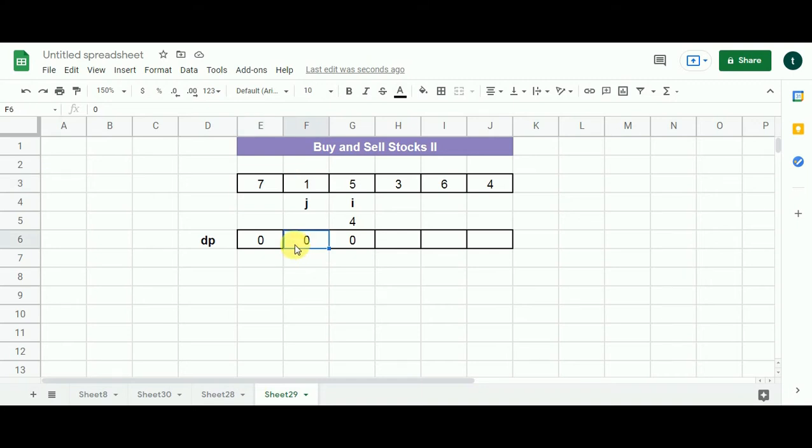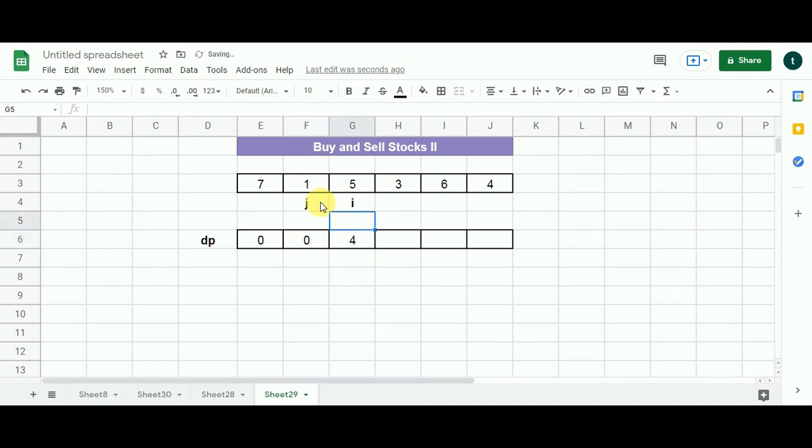Hence, we will have to add the profit that we achieved till here to the current profit that we obtained, which is 4. Why are we doing this? Because we can buy and sell the stock multiple times, which is why profit achieved till the last subproblem is important. Addition of 4 and 0 is 4, which is greater than 0 stored here. Hence, I populate 4 in this cell.